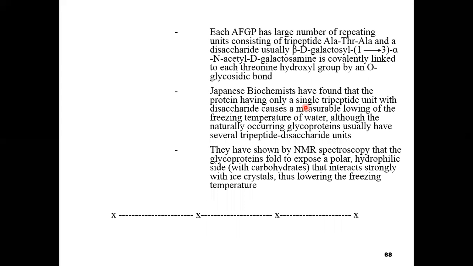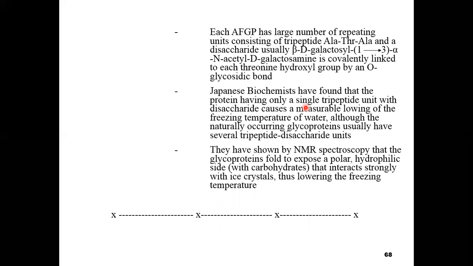Each of these proteins has a large number of repeating units consisting of the tripeptide alanine, threonine, alanine, and a disaccharide, usually beta-D-galactosyl 1,3 alpha N-acetylgalactosamine. They have a covalent linkage with the threonine hydroxyl group, making an O-glycosidic bond with the threonine.